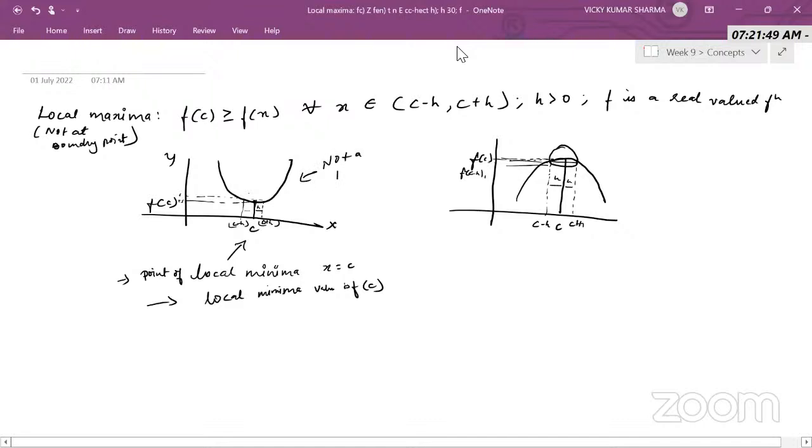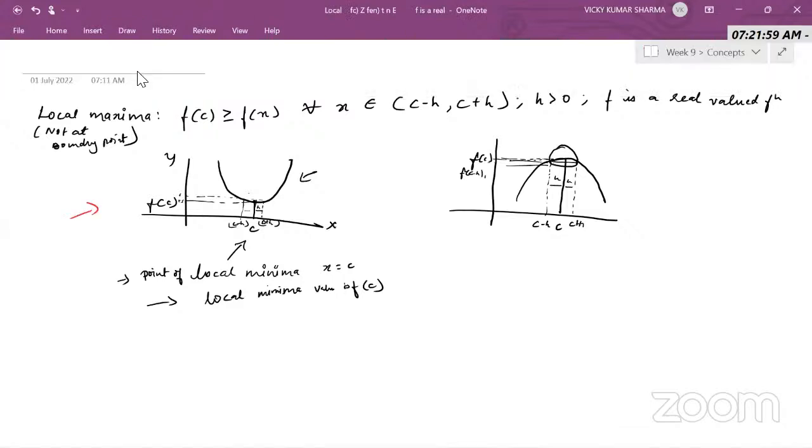This is not a local maxima, right? Not a local maxima in this interval, basically. This is not local maxima, it's giving you local minima.